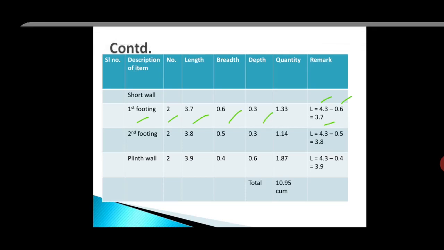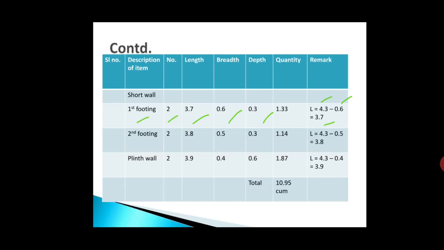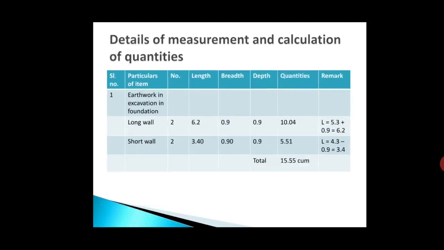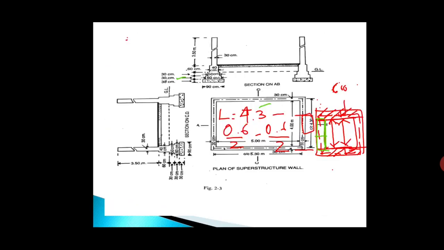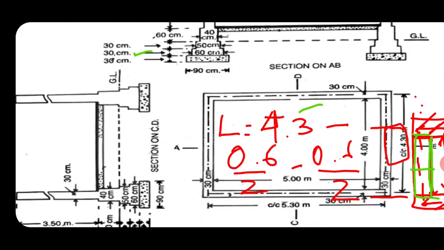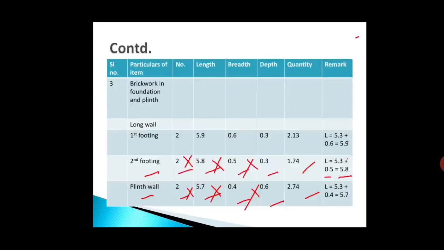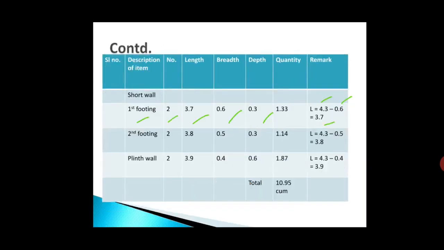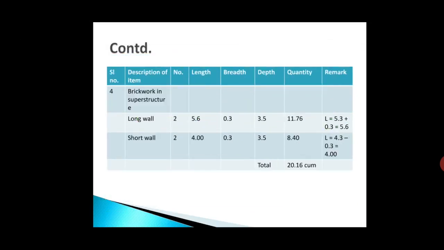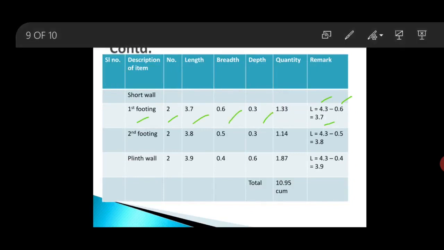Then we will go to our second footing. So, similarly for second footing, the width of the second footing is 50 centimeter. See here, for second footing number is 2, and what about the length?